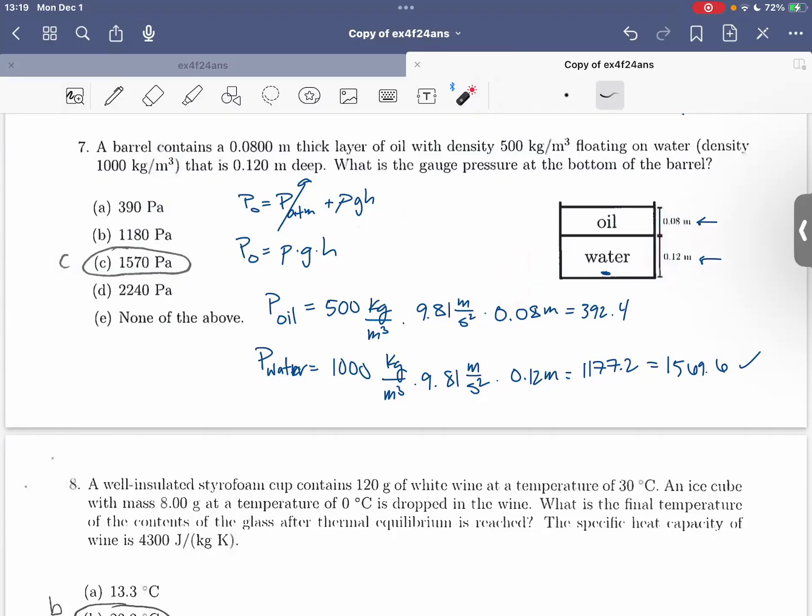So make sure you break them down into individual sections. It's just 0.08 for the oil, and then the water is just 0.12. Okay, so that's number 7.